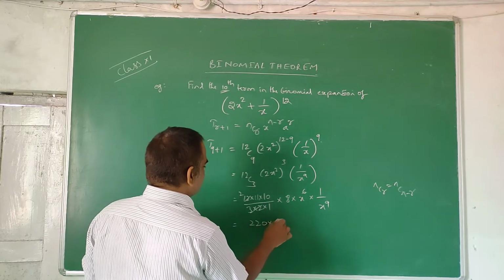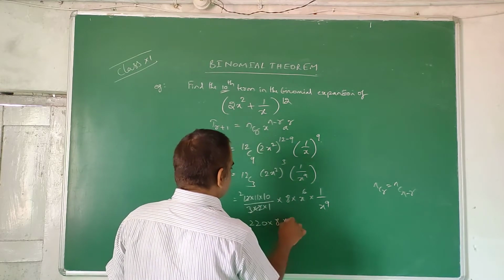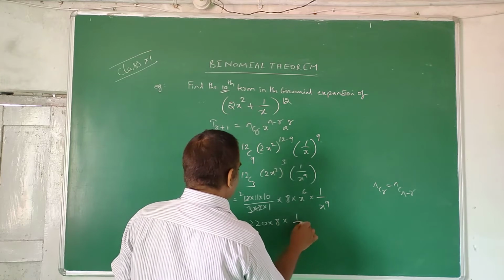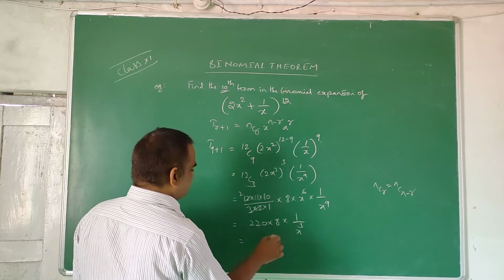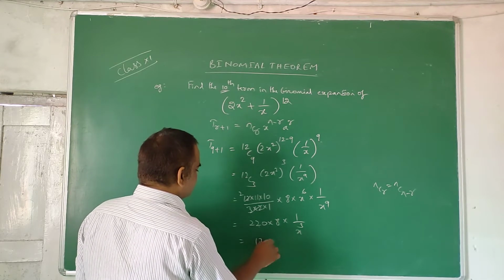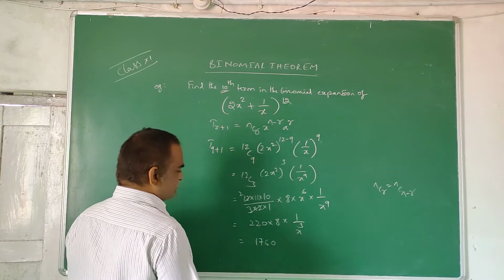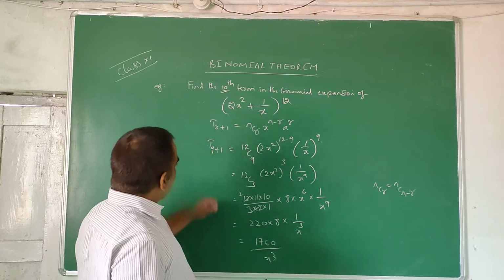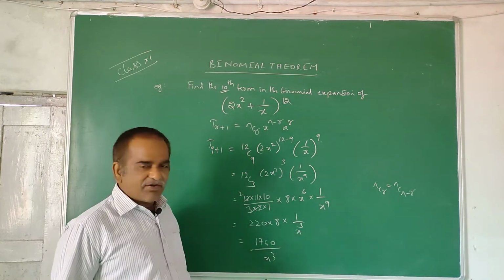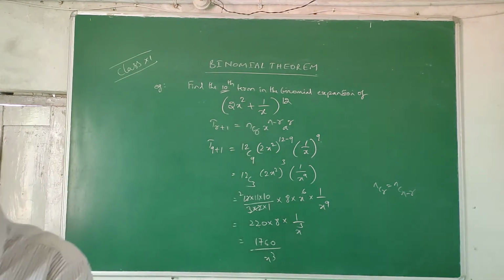So 220 into 8 into 1 by x power 9 minus 6, which is 3. 8 sixteens are 1760. So 1760 by x cube is the 10th term in the binomial expansion. Understood?